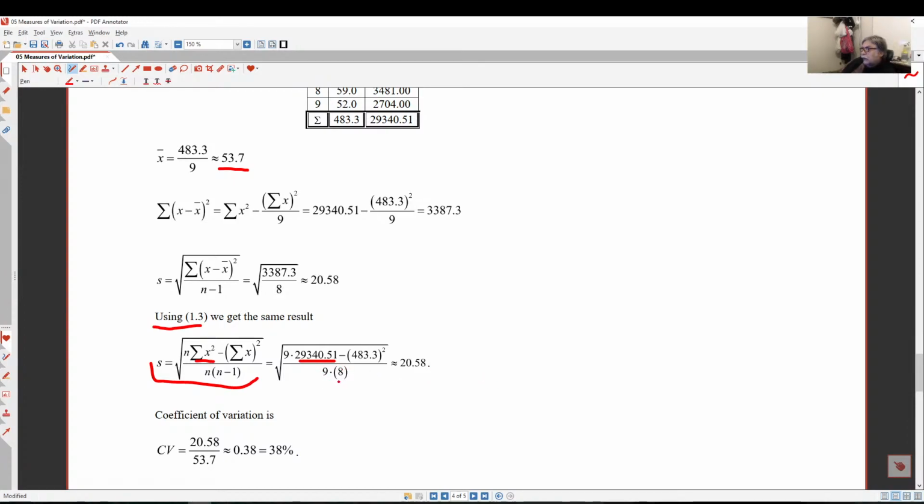And then finally, you need to divide it by 72. Why? Because down there we have n, the size of the sample, multiplied by n minus 1, the degrees of freedom. So you have n times 8, which is 72. All of that, you need one division after you're done with the numerator and denominator, then the radical, we end up with 20.58. 20.58 is the standard deviation.